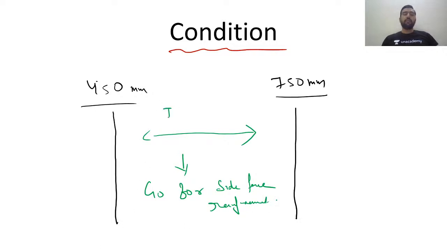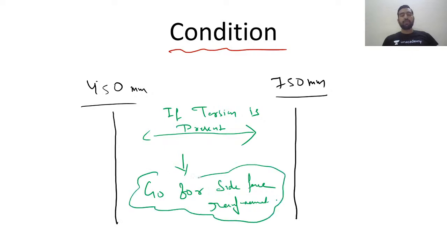If torsion is present in the system along with shear and bending, if a torsional component is there, then we have to go for side face reinforcement. Okay. And how much we have to provide, I'm going to tell you soon.